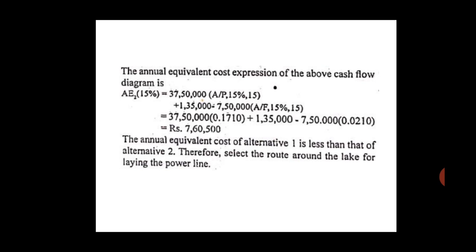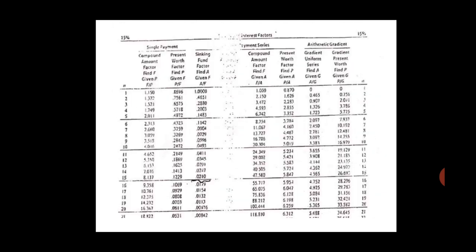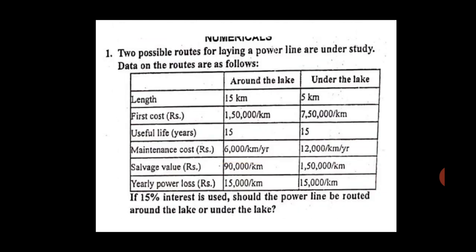Okay, in this problem you please understand, he is only talking about initial cost, maintenance cost, life and salvage value, but there is no revenue. It is only whatever we are investing. It is on a cost basis, not revenue dominated. It is cost dominated, so whatever cost there is, it should be the least.